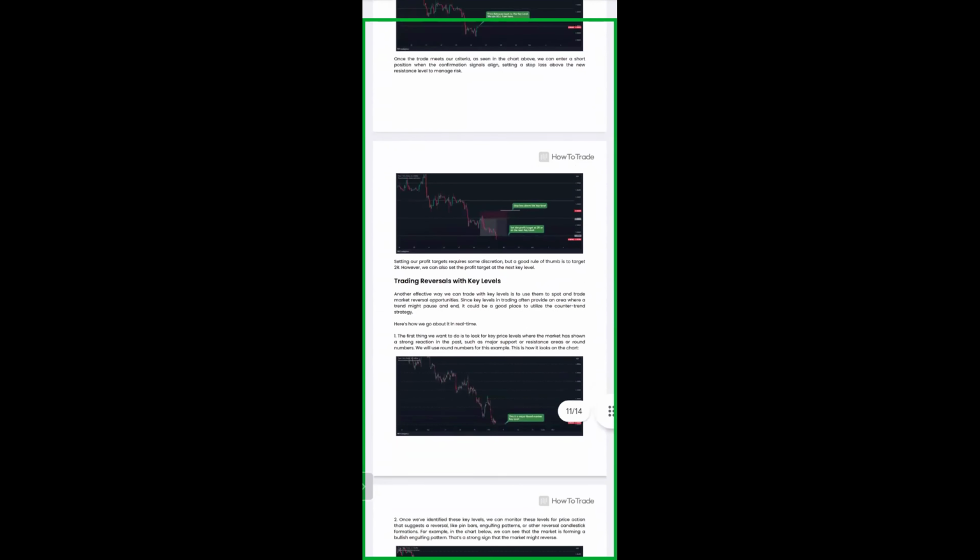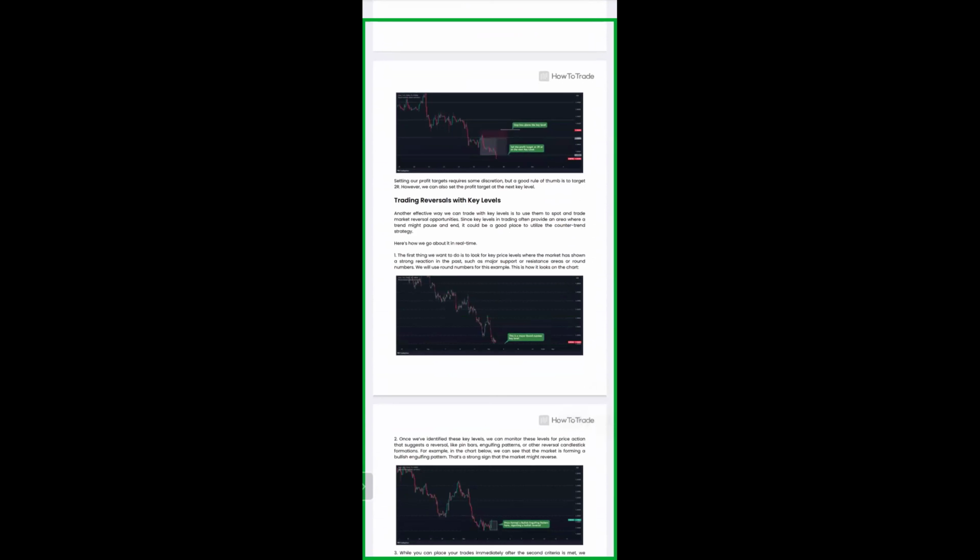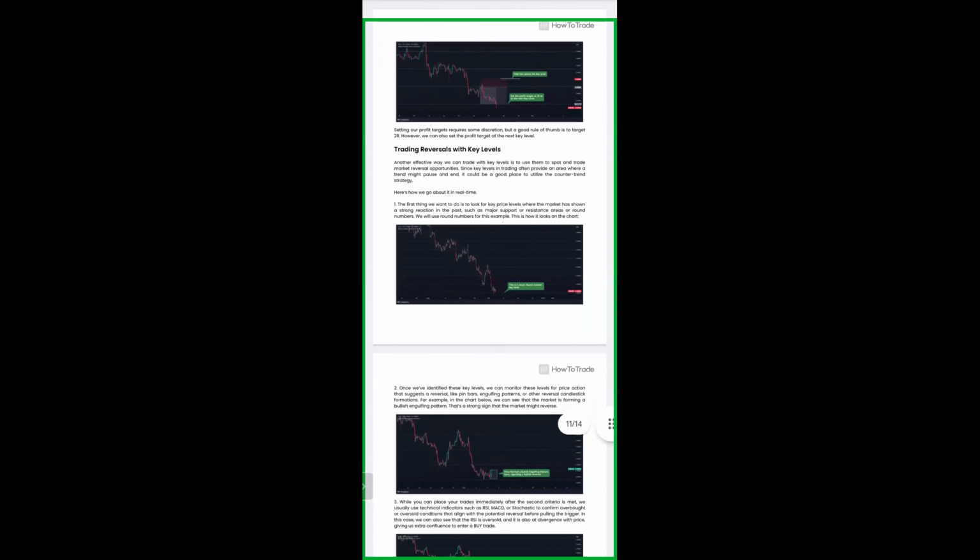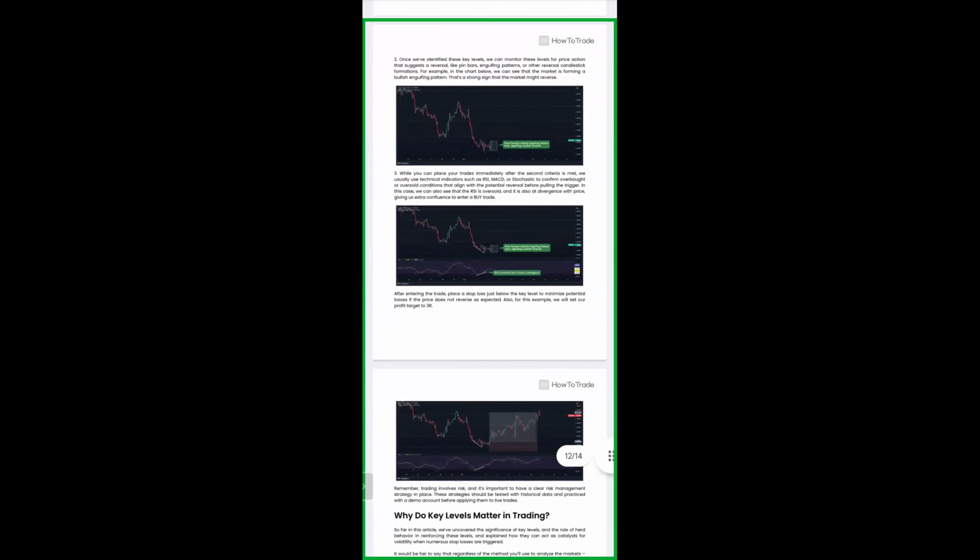We can also trade reversals with key levels. In fact, that's part of his strategy, because if market behavior depicts that, then that's why he has the different strategies he mentioned. We have the breakout, and sometimes if the market is behaving in a particular dynamic way, then maybe the reversal strategy will be our best option.